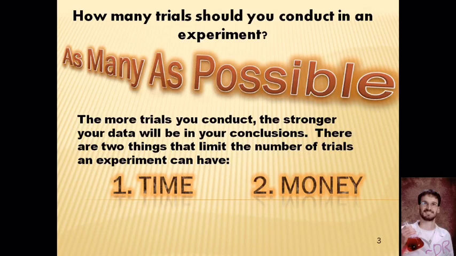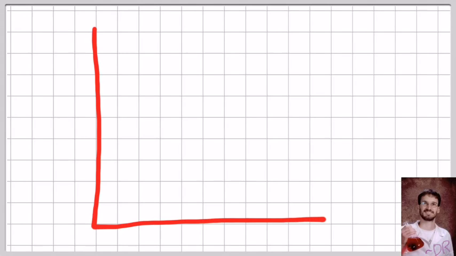I'm going to put up a graph here and see if I can illustrate it. All right, so when you start looking at your data, let's say this is my graph, and I'm collecting data points on who knows what. And I get a point that's here. And then I get a point that's here.